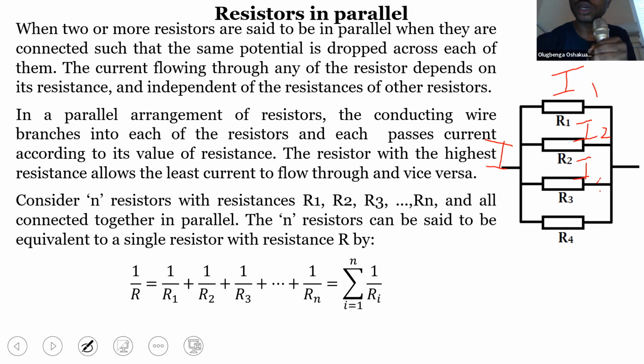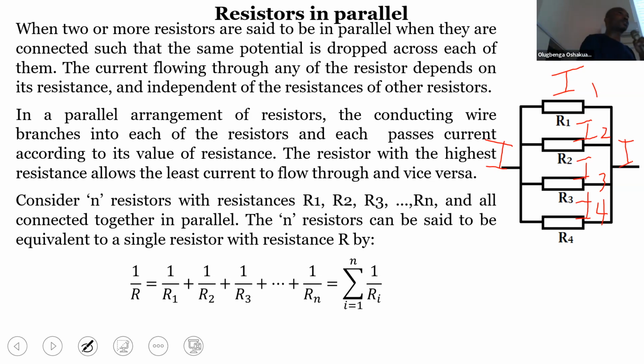And through R4, we have I4 flowing through. After flowing through each of these resistors, they come back to meet on the right-hand side with a value I. So in simple terms, I is equal to I1 plus I2 plus I3 plus I4, because the current that flows through them is not necessarily the same.